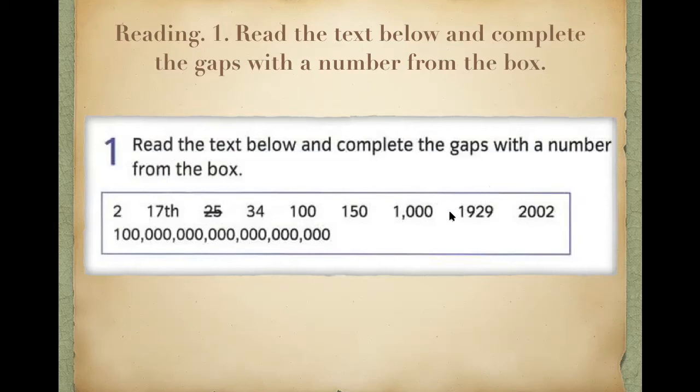Is this a year where you have to say 1929, right? But if it's only a number, you say 1,929. What about this? It's a year. 2002. Yes. 2002. What about this?